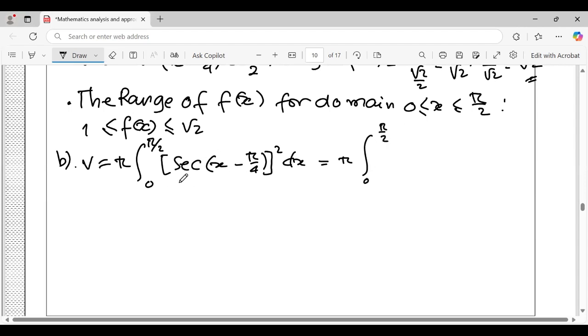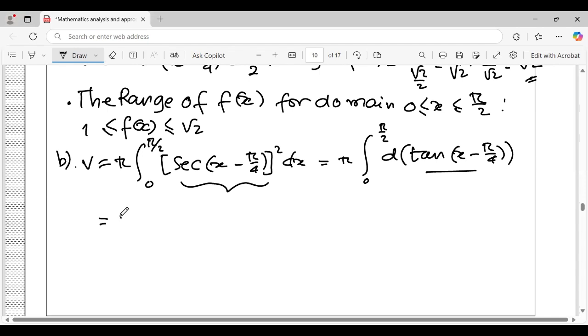The integral of this expression is tangent of (x minus pi/4). How do I substitute pi/2 and 0 into this expression?